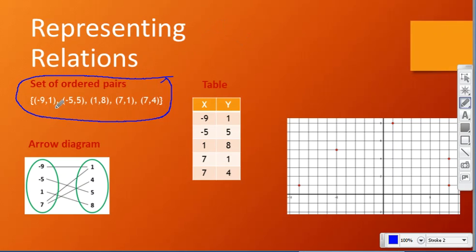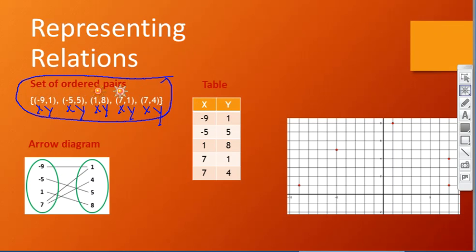If we go through this set of ordered pairs, we know that ordered pairs are listed x first and then the y. So for this set of ordered pairs, our x values would be -9, -5, 1, and 7. 7 twice. Actually, we don't need to list that twice. So our domain would be -9, -5, 1, and 7.